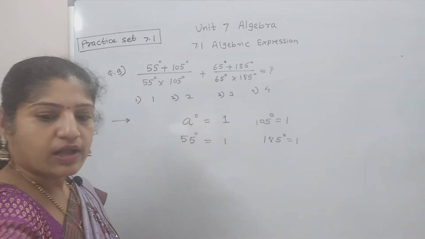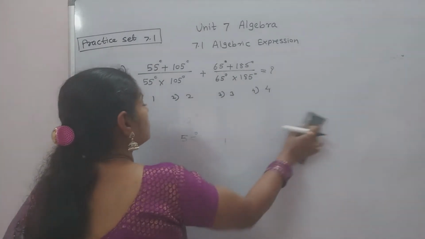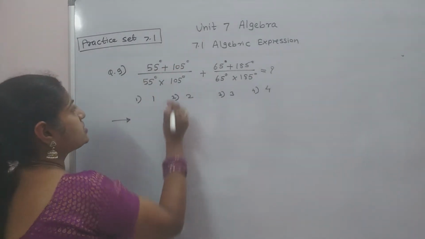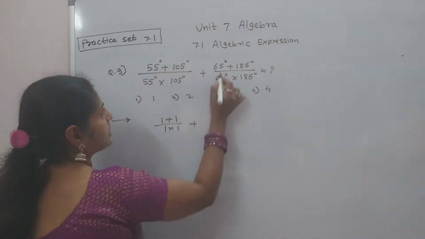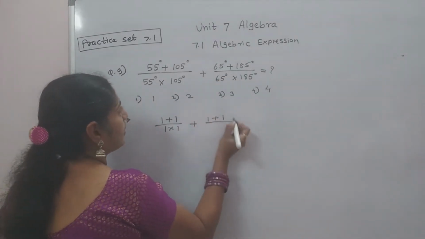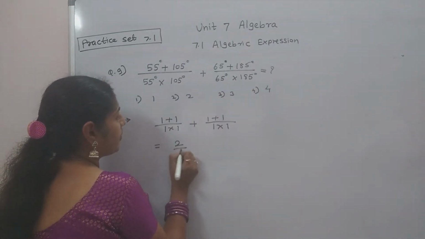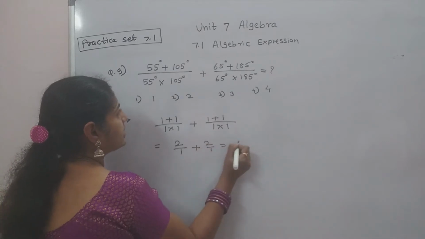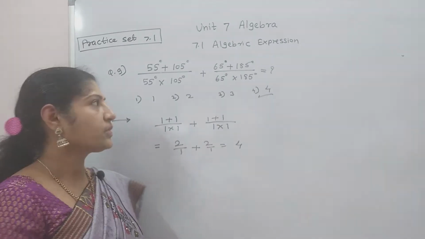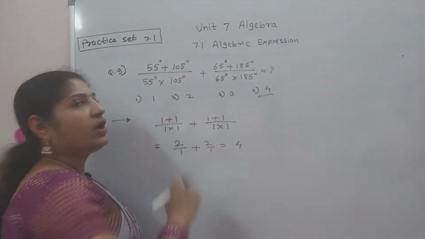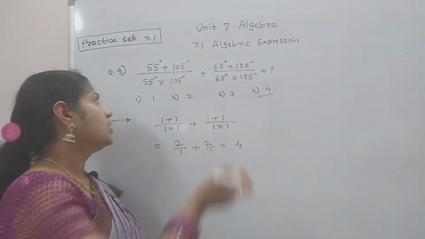So the answer of every term is 1, that is 1 plus 1 upon 1 into 1 plus 1 plus 1 upon 1 into 1. 1 plus 1, 2 upon 1 plus 2 upon 1, that is 4. Answer is option number 4. 55 raised to 0, answer is 1. 105 raised to 0, answer is 1.